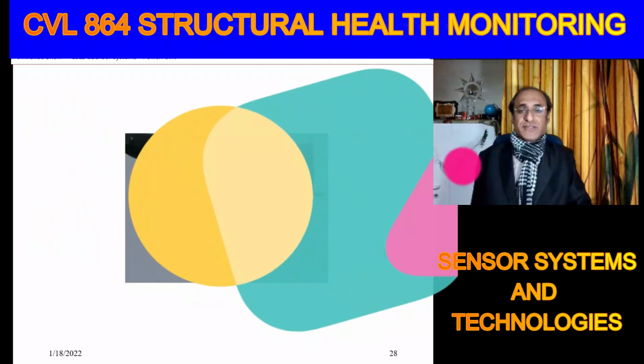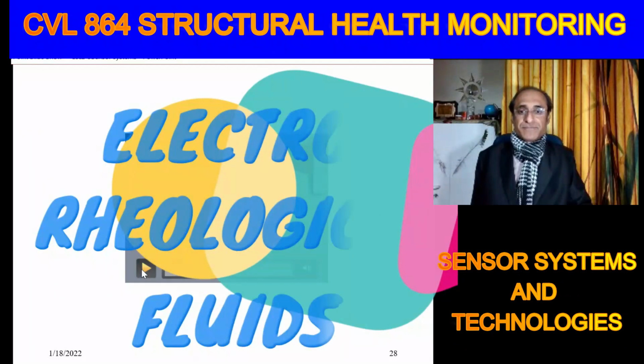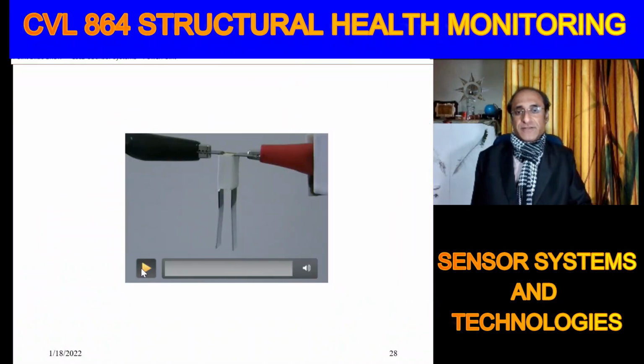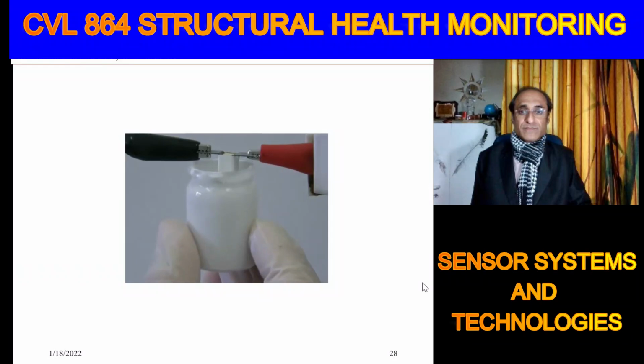Now here, this is the explanation of the electrorheological fluids. You see here that once an electrical potential difference is applied, the viscosity will undergo change. Now no potential difference, and after it is switched on, you will see there is some change. Now the potential has started to build up.